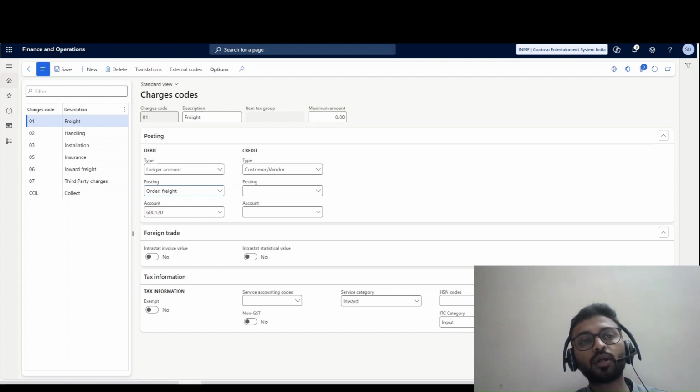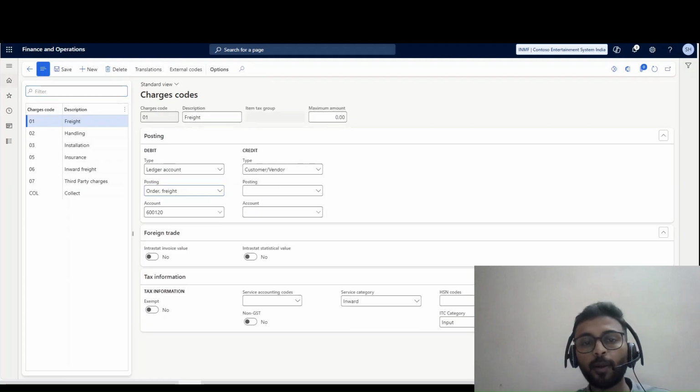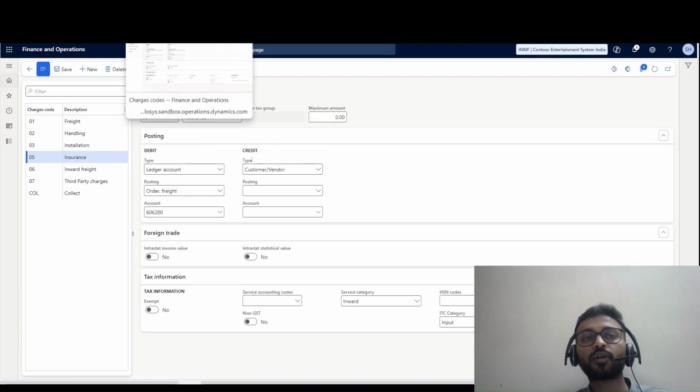Now I'm going into the account receivable charges. If you notice here, for all the charges I have created, the vendor has a credit balance. So here you can see I have selected customer or vendor on the credit side. But at the time of the sales order and sales invoice entry, the customer has a debit balance.